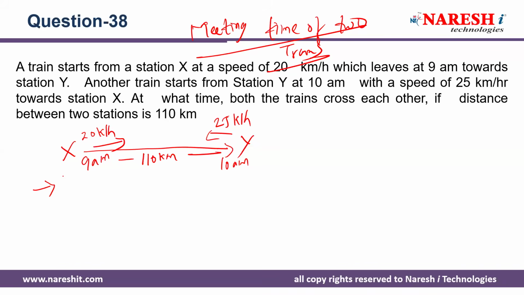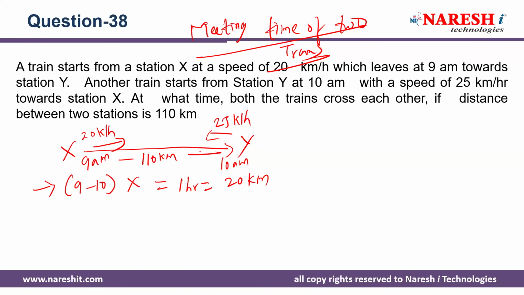First step. There is no logic step here; this is a direct method. Please focus on this method, as it's a very important and difficult level question. From 9 o'clock to 10 o'clock, only X is traveling because Y starts only at 10 a.m. So in 1 hour, X can cover 20 kilometer because X's speed is 20 kilometer per hour.